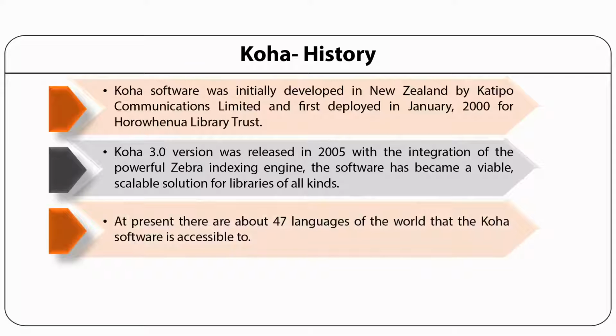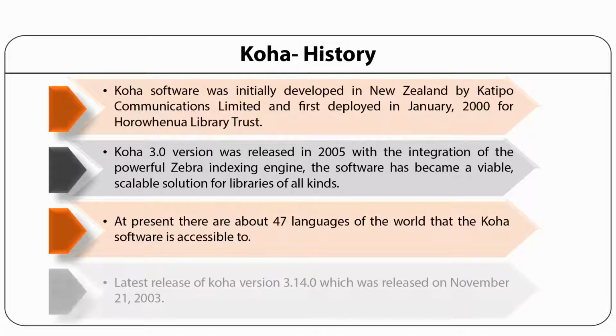There are about 47 languages of the world in which the software is accessible, and it has been partially translated into 62 languages. The latest release of Koha is version 3.14, which was released on November 21st, 2003.